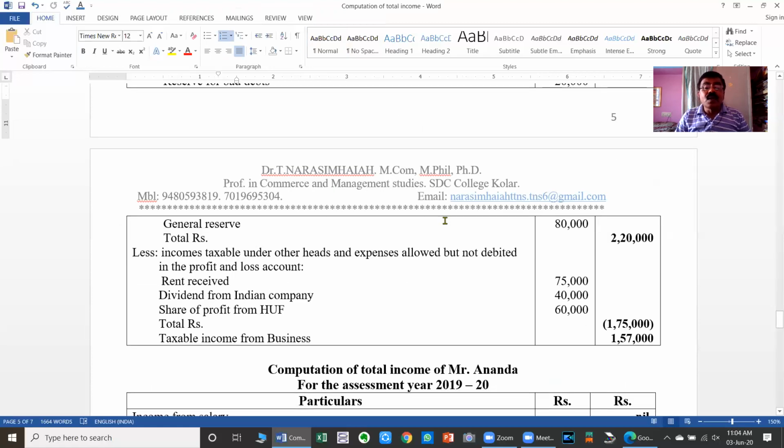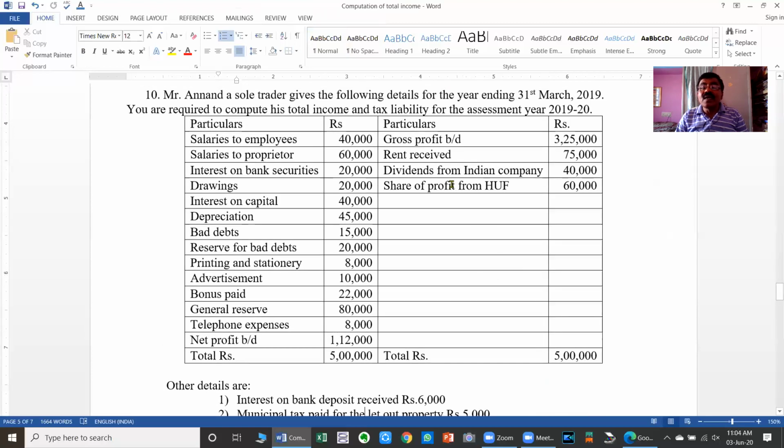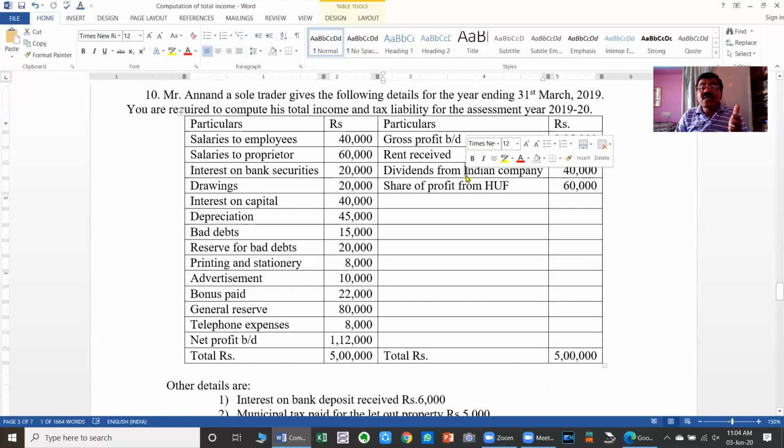The next step in the computation of business income is to deduct incomes credited in the P&L account that are not related to the business, meaning they are chargeable under other heads of income. Here, rent received is income from house property, and dividend from an Indian company is taxable under income from other sources.